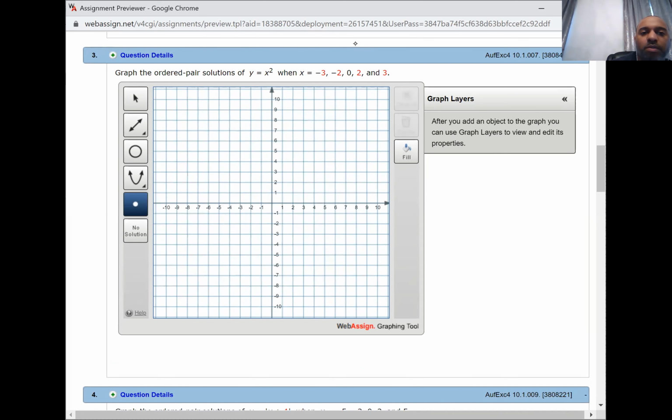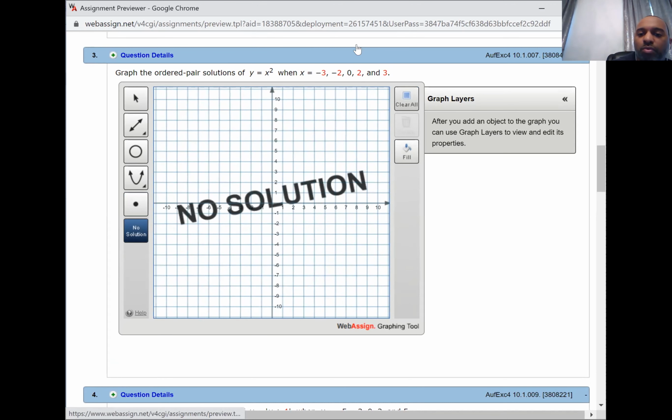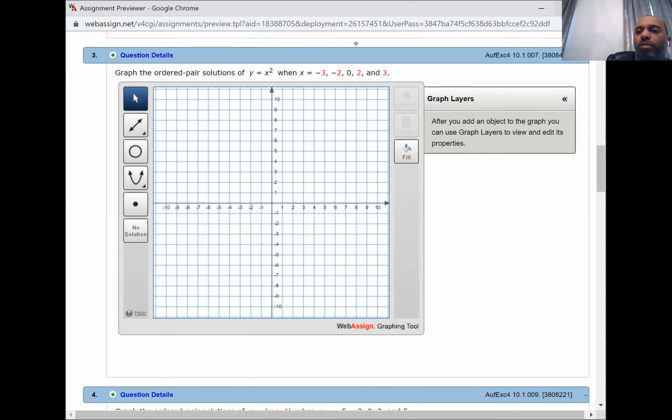Why is this thing not doing it? Anyway, you're supposed to be able to just hit this dot, and it might be my touch screen. I actually need me a new one. Let me do this real quick. Hold on 1 second. Okay.